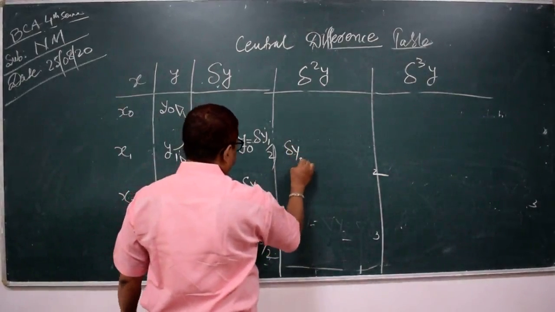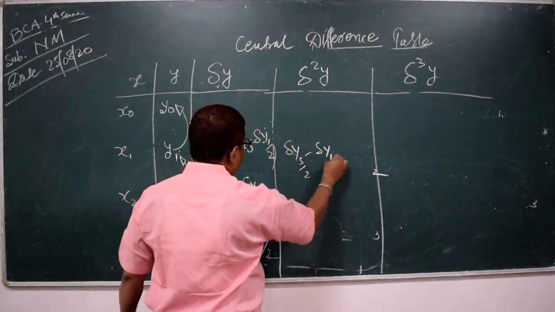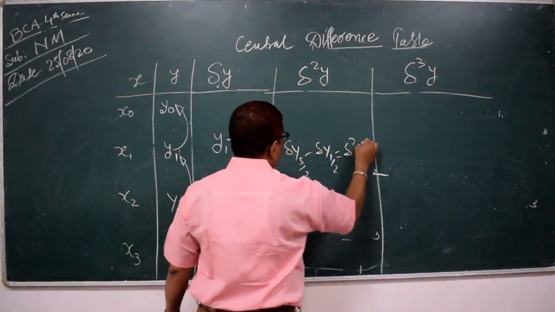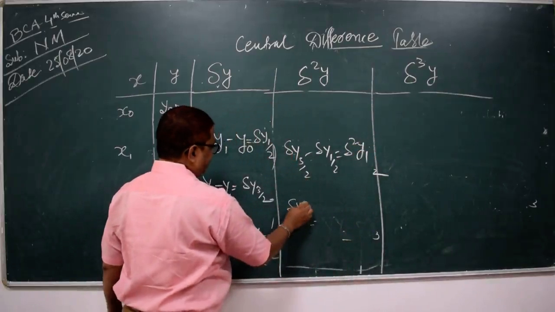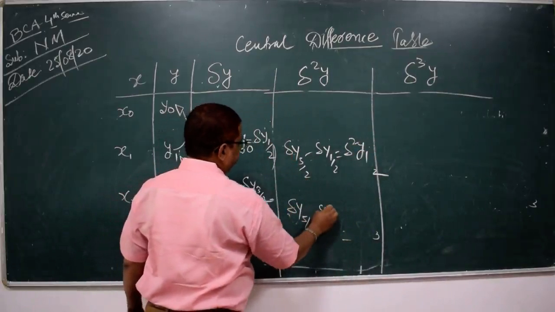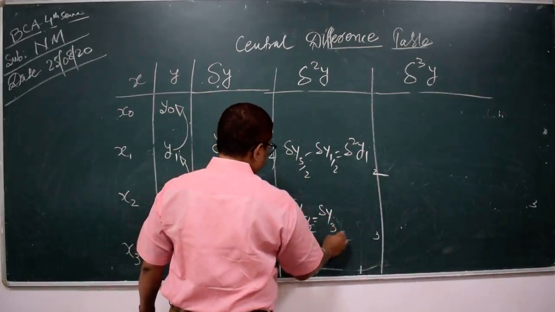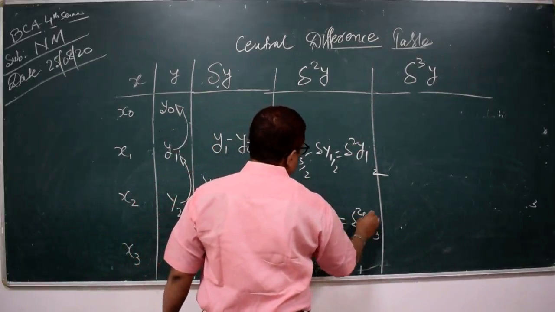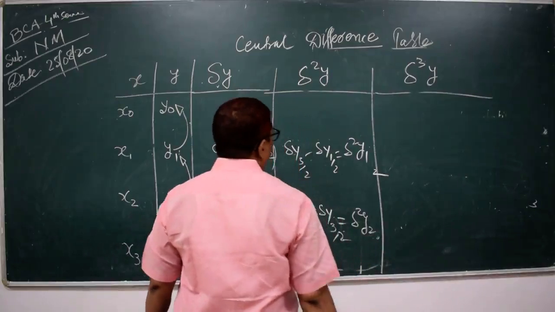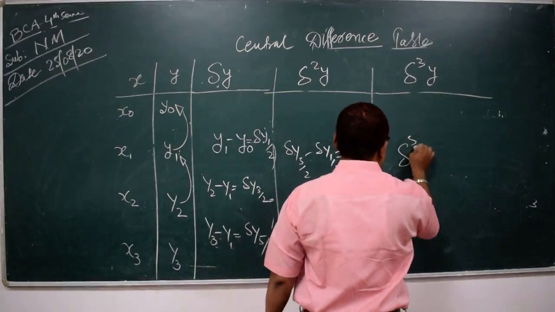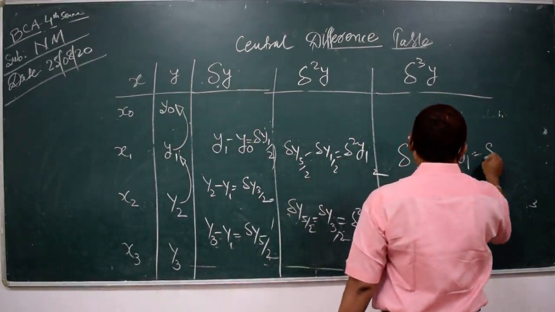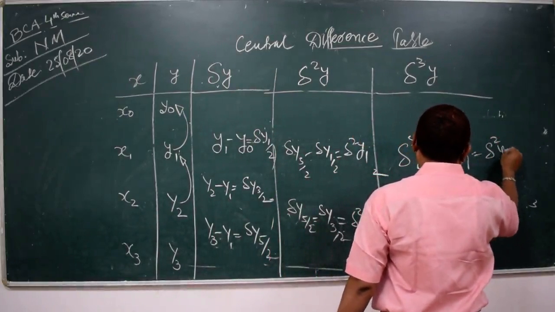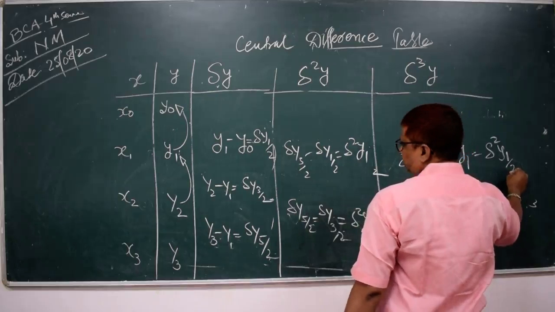Delta y3 by 2 minus delta y1 by 2 is equal to delta square y1. Delta y5 by 2 minus delta y3 by 2 is equal to delta square y2. Delta square y2 minus delta square y1 is equal to delta cube y3 by 2.